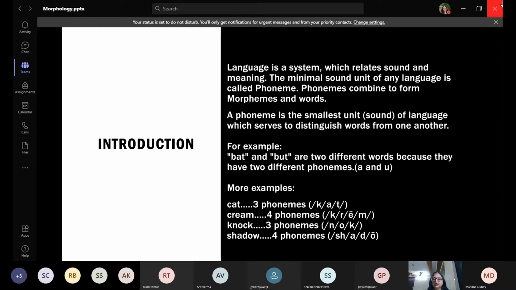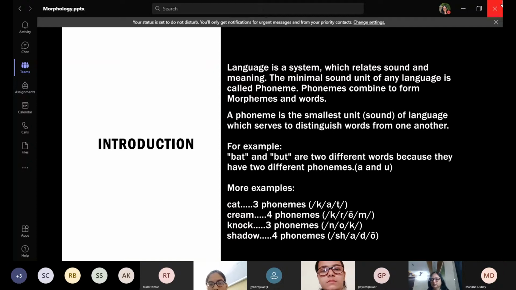Phonology is a study of the smallest minimal sound unit. It may not have any meaning. Any sound that is used in a word or in a language, that is phoneme. Now these phonemes, when they combine together, they form morphemes and words.